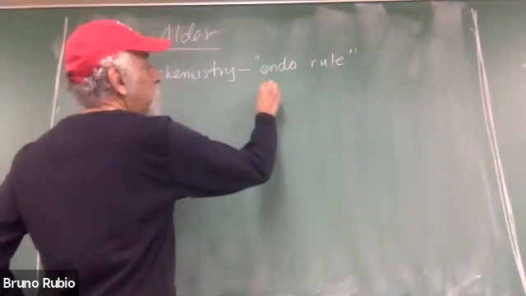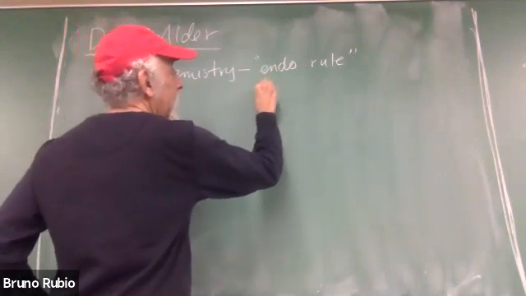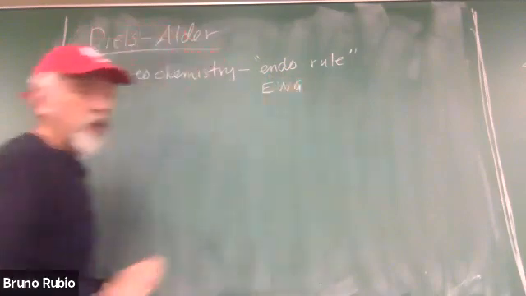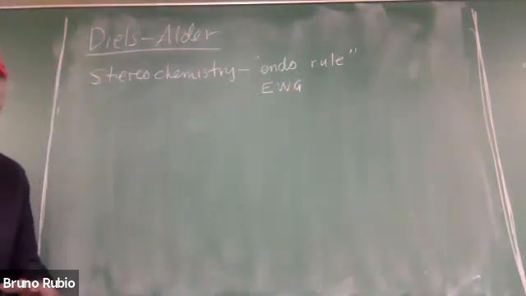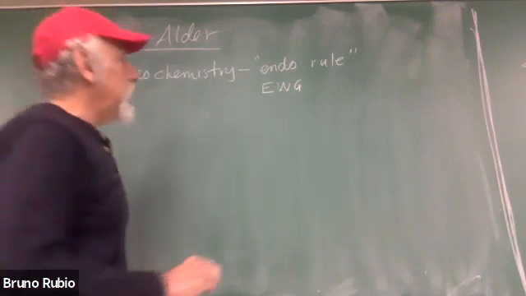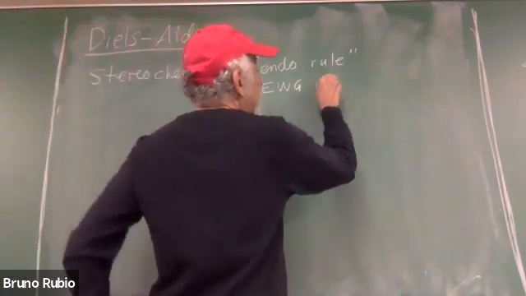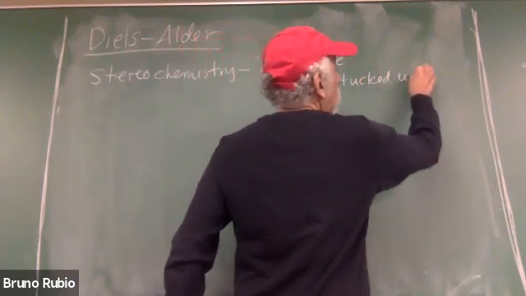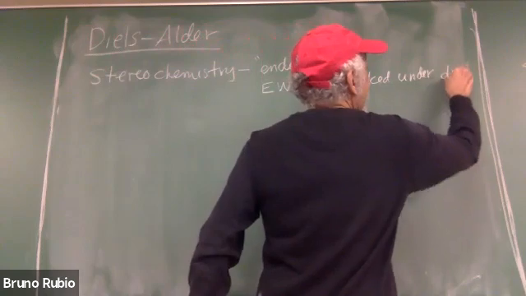what we're looking for here is that the electron withdrawing group, and where is the electron withdrawing group? On the dienophile. The electron withdrawing group is tucked under the diene.